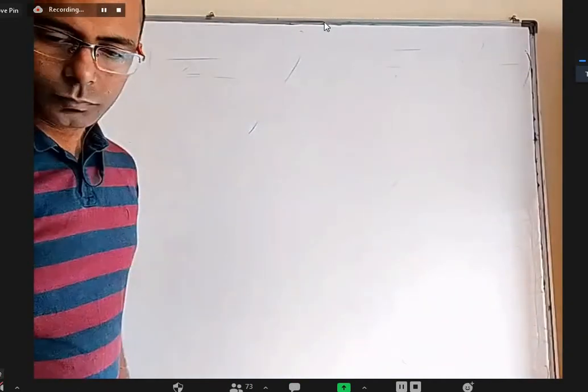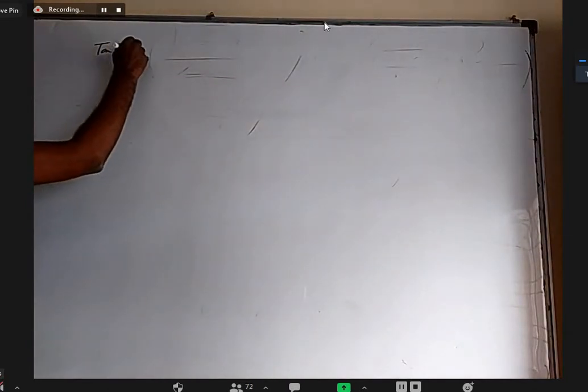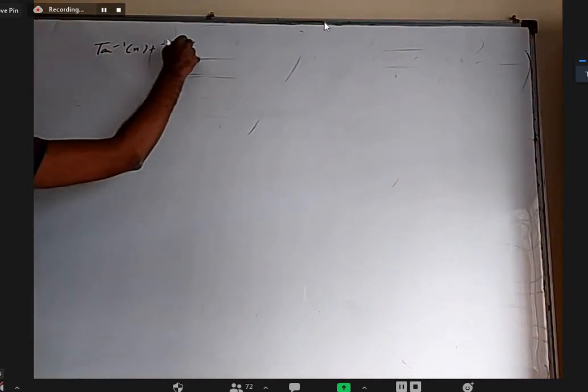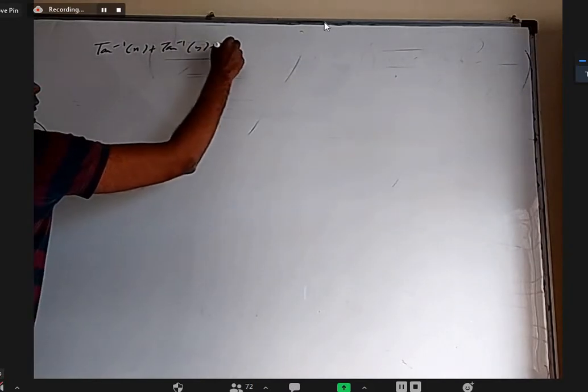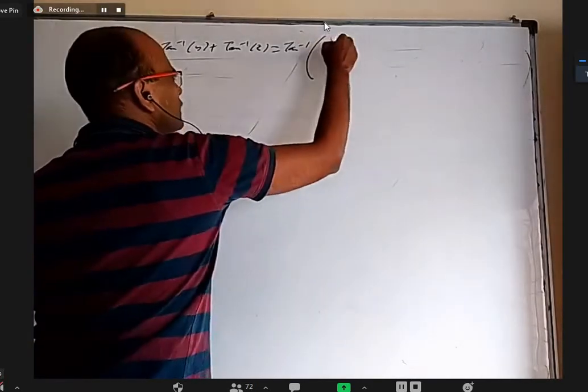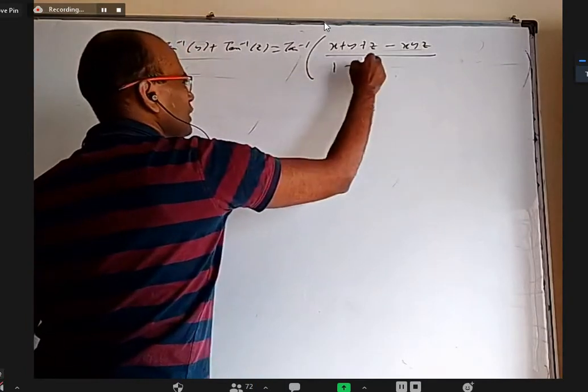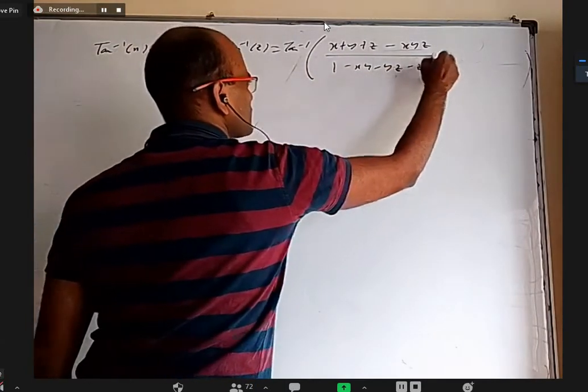Okay. So yes, we have this formula that tan inverse x plus tan inverse y plus tan inverse z is equal to tan inverse of (x plus y plus z minus xyz) by (1 minus xy minus yz minus zx).